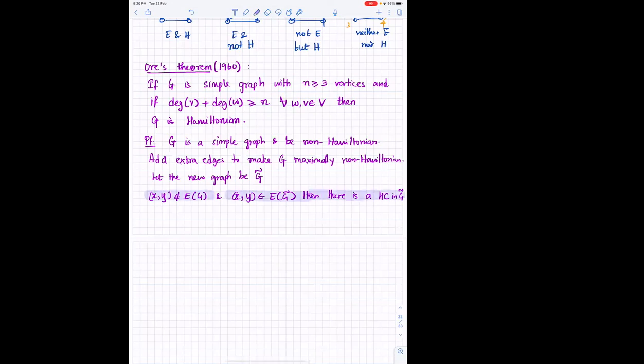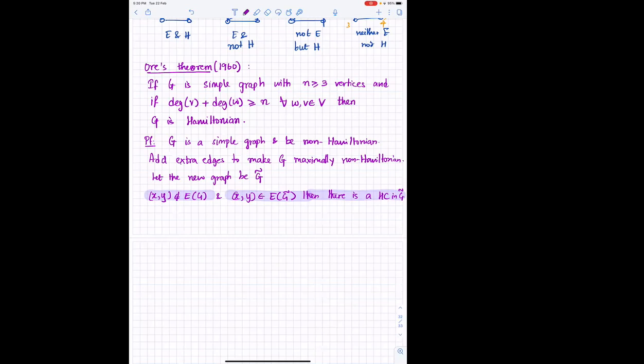Ma'am, could you explain it once again? Okay. So what are we doing? What do we want to prove? We want to say that if the graph is non-Hamiltonian, then you can find a couple of vertices v and w such that the sum of the degrees will be strictly less than n minus 1. So I'm beginning with a graph that is non-Hamiltonian, and this is a simple graph.